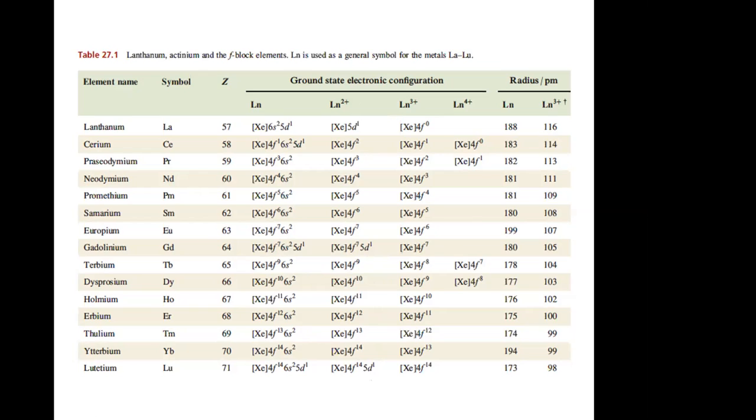Instead of just having f electrons, as we go to these more reduced oxidation states, you can have a combination of f and d electrons. And then for 4+, there are occasionally instances where 4+ lanthanides arise.